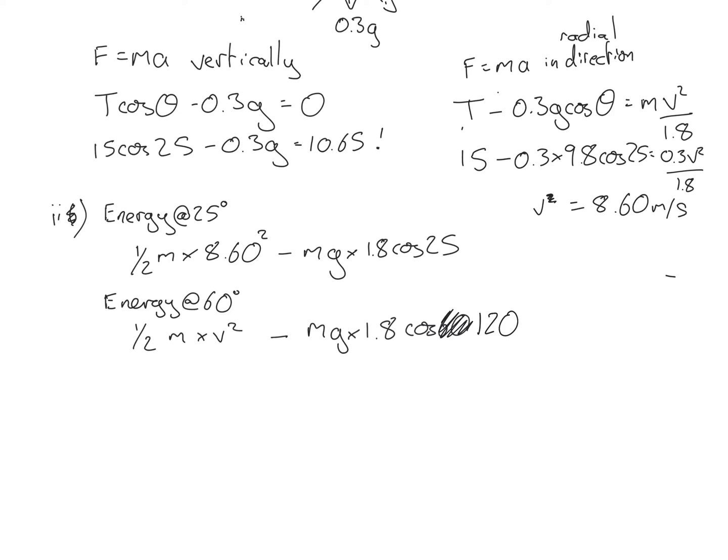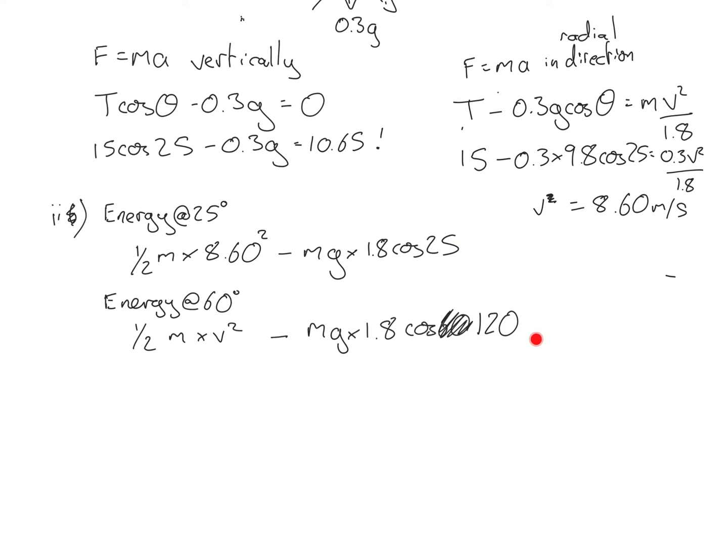This will then be a negative number, and so this one will be positive. Sorry, I misread that, that's my fault. So you could call that positive. Another way of doing that would be to say here, that's positive mg 1.8 cos 60.